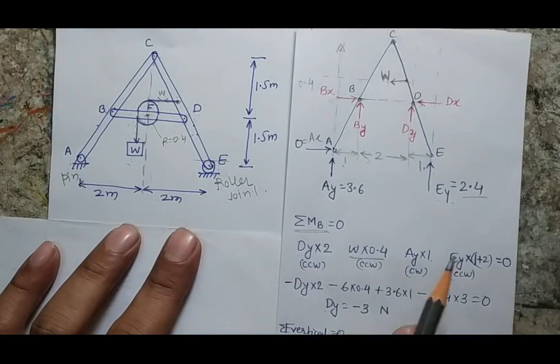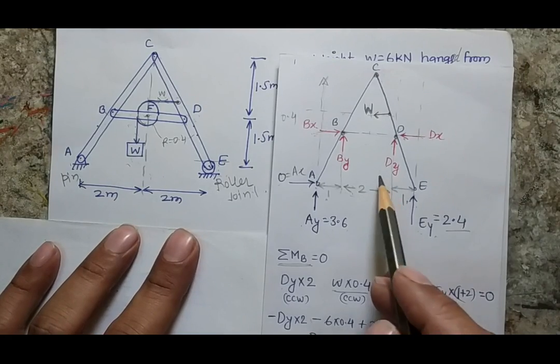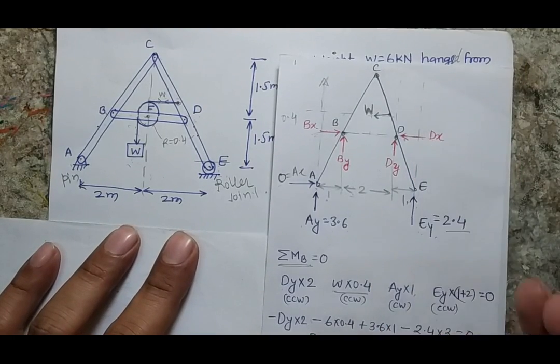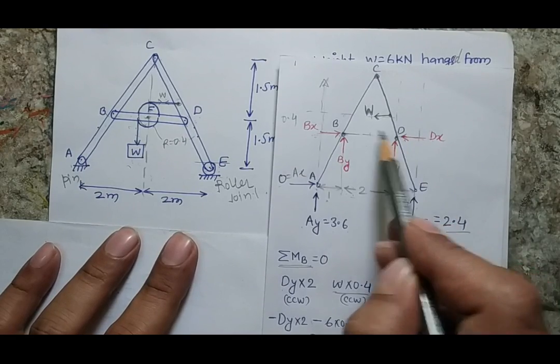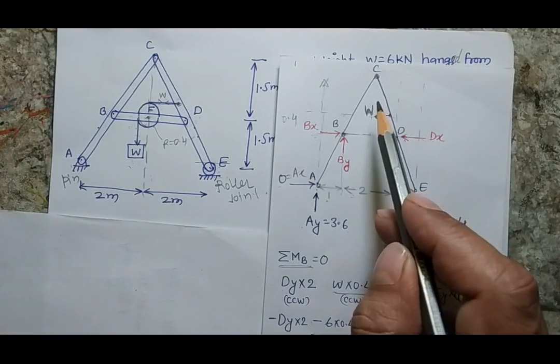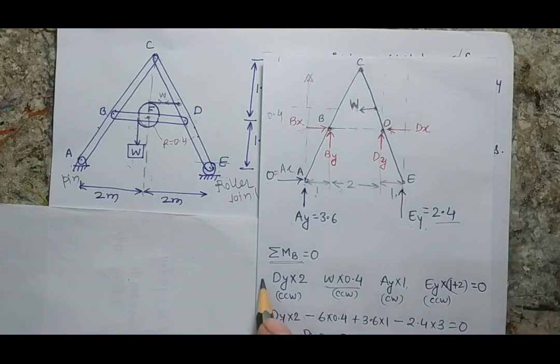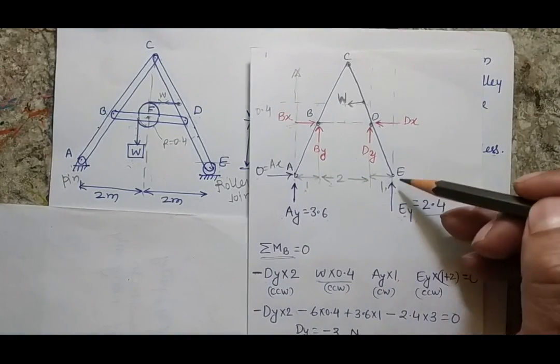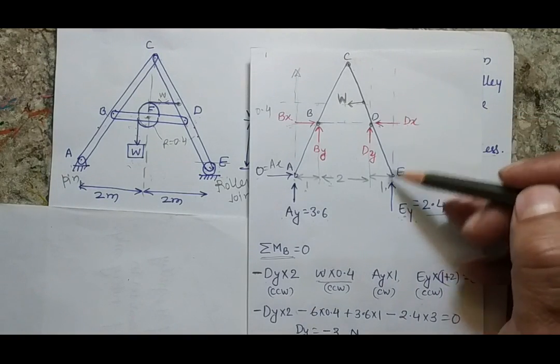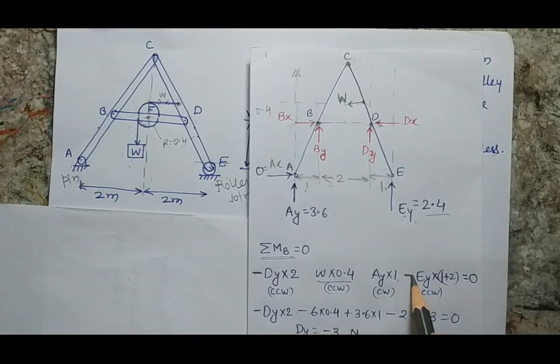I have not mentioned any sign. Let's make the sign. What will be the sign because of the force Dx? No sign, because Dx is passing through point B. Then Dy is acting upward, so the whole system will try to rotate in the counterclockwise direction, so this will be my negative sign. Then the second will be Ey. Ey is also acting upward, so Ey will also try to rotate the system in the counterclockwise direction, so this is negative.